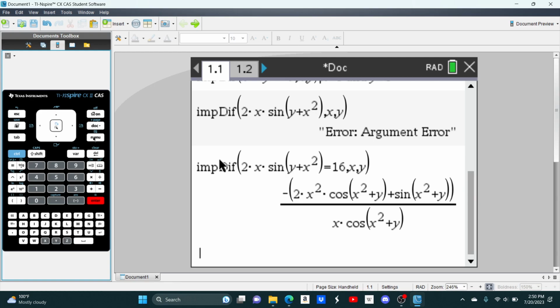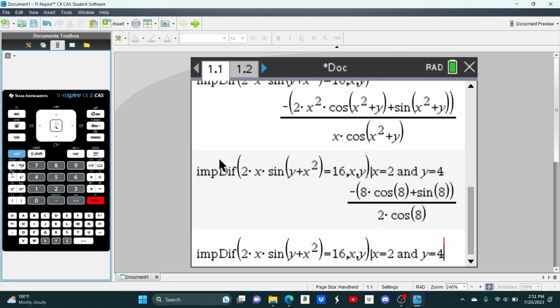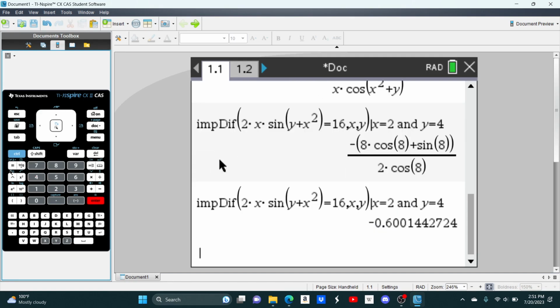And if you wanted to plug in like x equals 2, y equals 4, for instance, into this, it would be pretty annoying. Like you would have to substitute each thing in individually. But what you can do instead is do this. X equals 2 and y equals 4. And then you click enter. And of course, you might want to do control enter. Yeah, and then you click enter, and it does the whole thing for you, and it's much, much quicker.